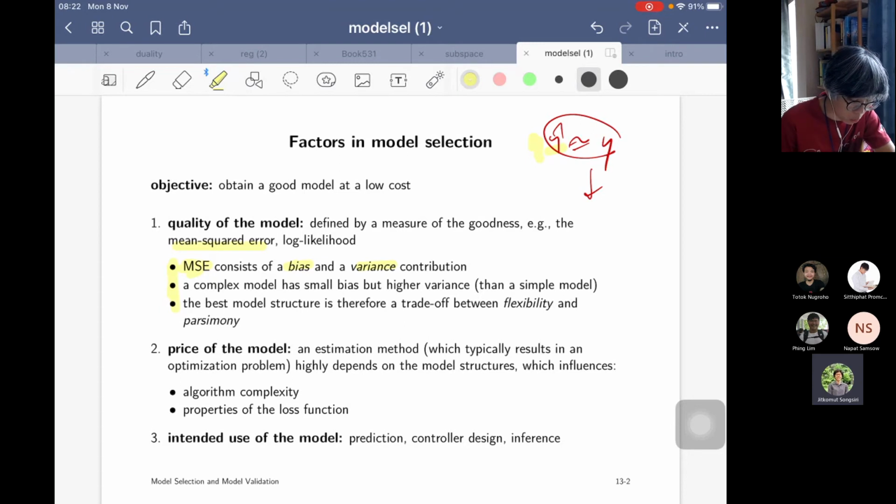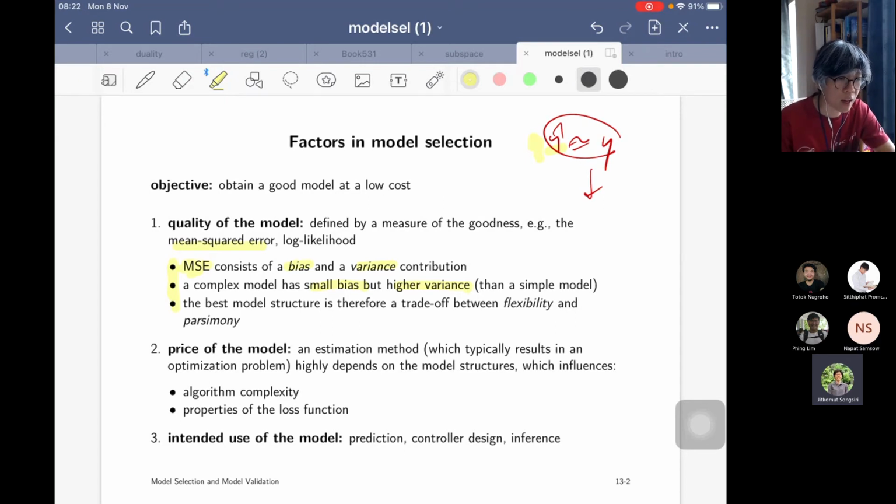A complex model will have small bias because it has more degrees of freedom. It has a lot of flexibility to adapt and to learn characteristics in the data. But it comes with a price, because a complex model will also have a higher variance, as compared to a simple model.